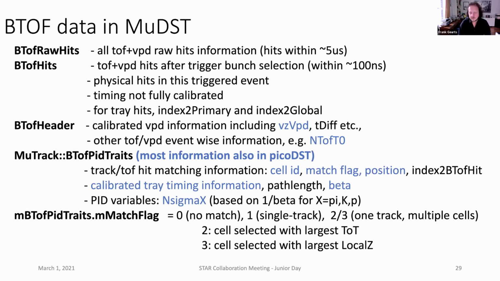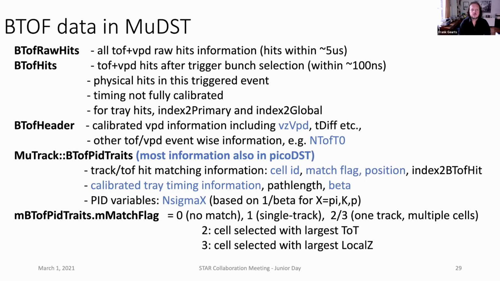So there's matching information, what the cell ID is, what the match flag is, which is an indication of whether there is a TOF match. Well, if it's 0, then clearly there's none. If it's 1, that means that a single track hit one of the MRPCs. And then there's the flag value 2 and 3, which indicates that a TPC track hit multiple cells.